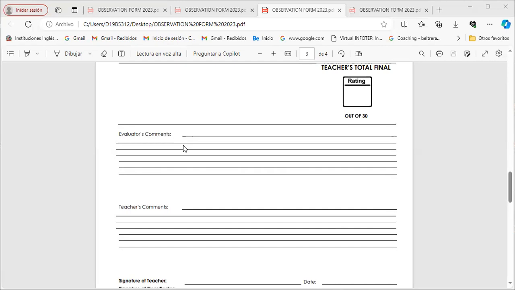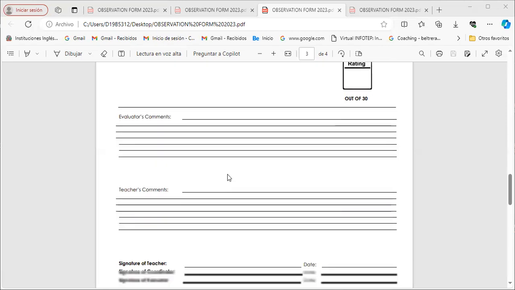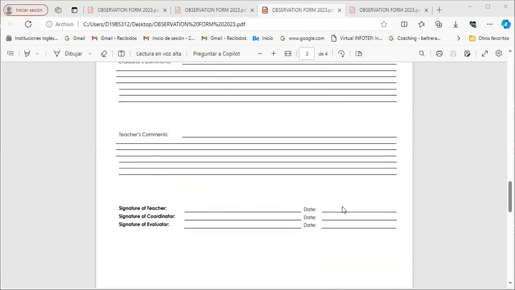If you want, you can start by highlighting the teacher's strengths, and then you write down the area for improvement and some suggestions on how to improve, how to make the job better and improve his performance, giving him some suggestions, recommendations, or advice. You sign and ask the person to sign.